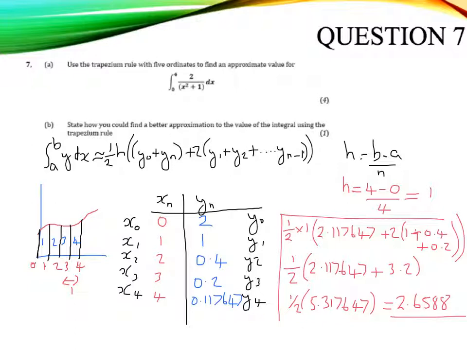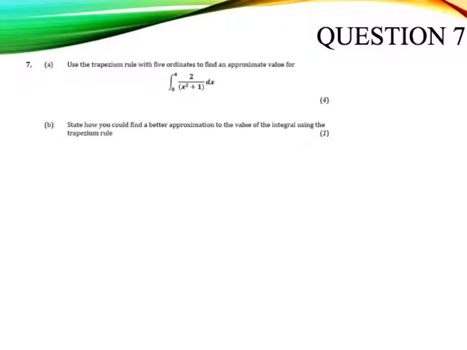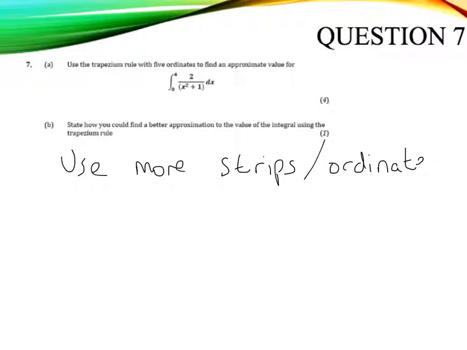Now, the next part, it says state how you could find a better approximation to the value of the integral using the trapezium rule. Okay, it's only worth 1 mark. The answer is always going to be the same thing here, and it is use more strips, or you could say more ordinates.